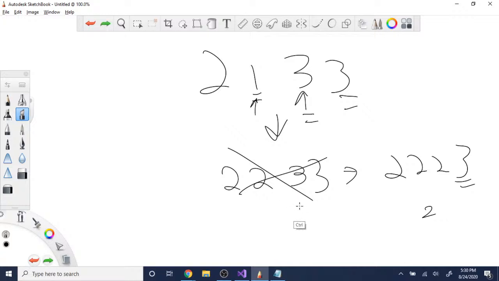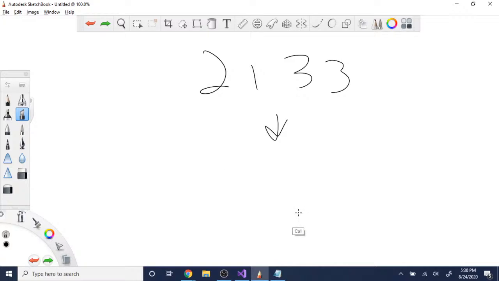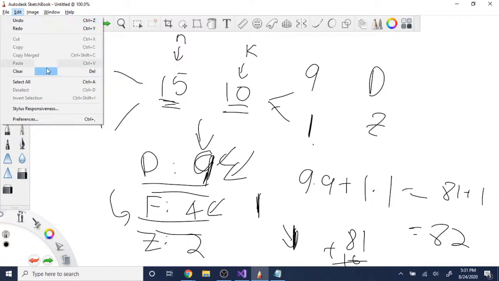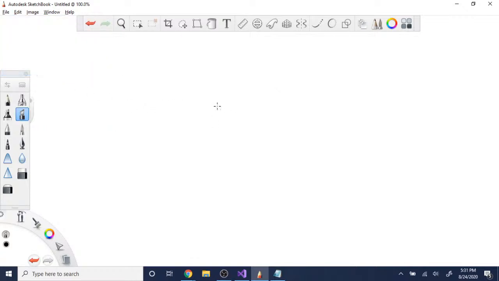So I have 2 cases. We have already a palindrome: add 1 to the middle number. If it's already a palindrome, just add 1 to the middle.